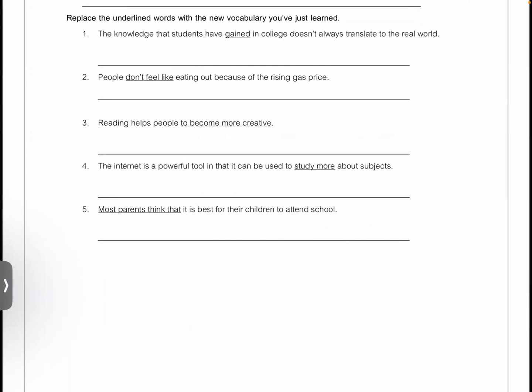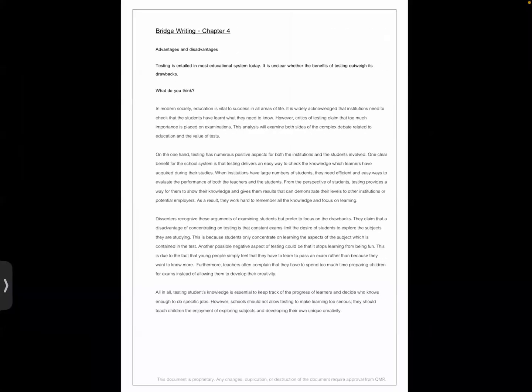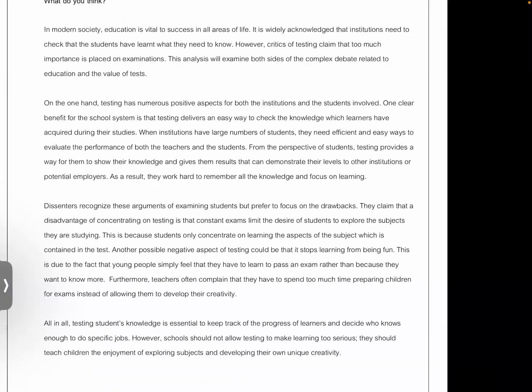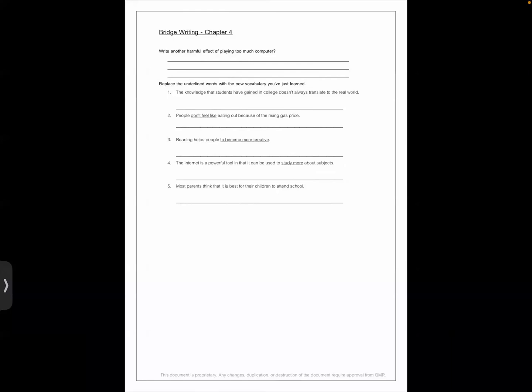Okay, so I'm gonna give you 5 minutes. I want you to do this by yourself. So what you have to do is, each time when you see an underlined word, you have to look back at the previous model answer and look for the equivalent expression. Okay, and then you come back here and rewrite the sentence with the new expression you found from the previous page. Okay, let's do it.